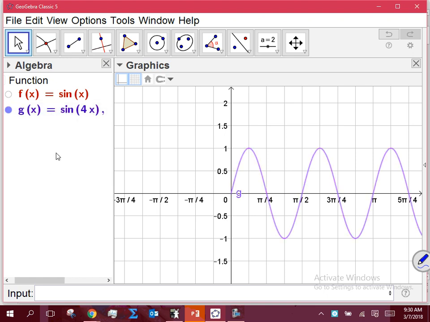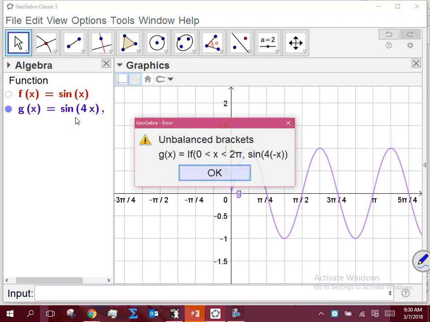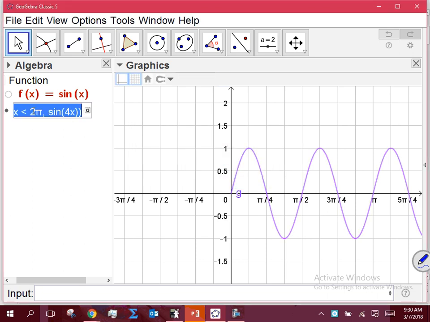If I have sine of 4x, what happens if I multiply the x by a negative? Maybe do that. I could have just put it with the 4 as well. Okay, because my interval is outside, so let me just get rid of the interval.